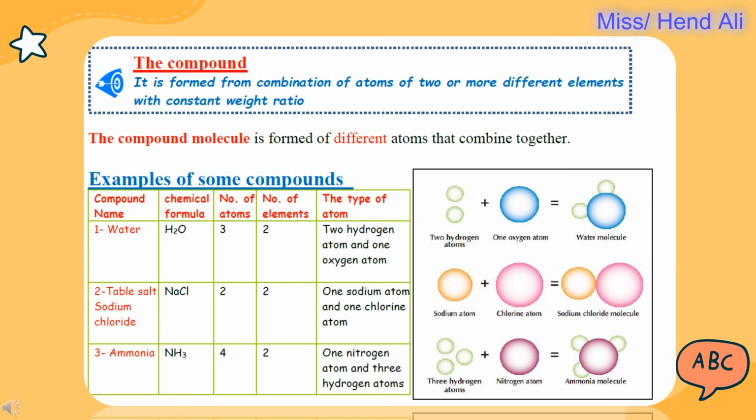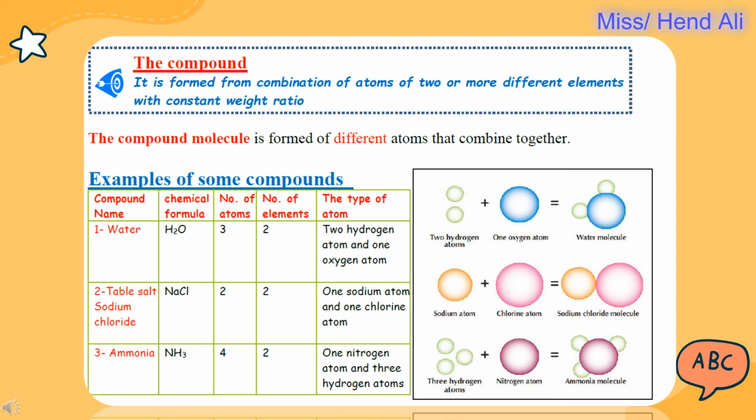The type of atom, 2 hydrogen atoms and 1 oxygen atom. Another example, table salt or sodium chloride. Its chemical formula NaCl. Number of atoms, 2, 1 sodium atom and 1 chlorine atom. Number of elements, 2. The type of the atom, 1 sodium atom and 1 chlorine atom. Ammonia, its chemical formula NH3. Number of atoms, 4, 1 nitrogen atom and 3 hydrogen atoms.